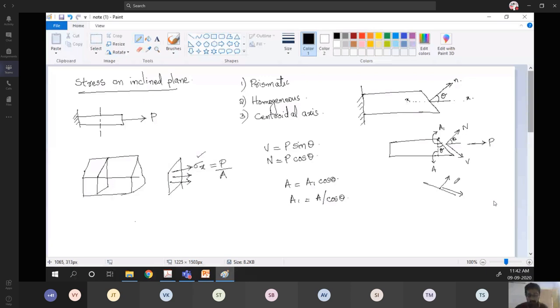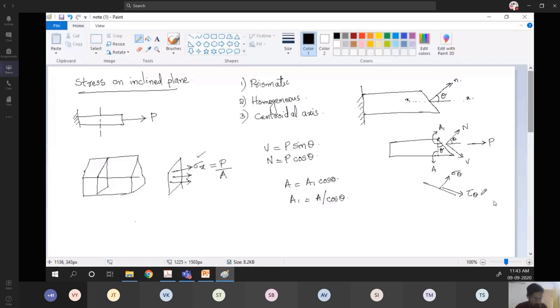Normal stress is perpendicular to the cross section, and shear stress acts along the cross section. In the same way we can define stress components here, normal stress as well as shear stress, but not with respect to sigma x. So I'm giving another notation, sigma theta and tau theta.